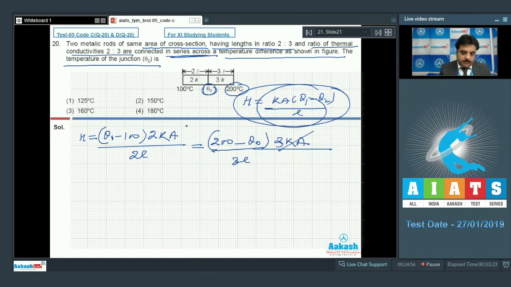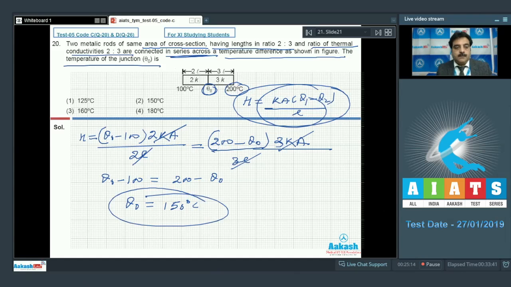You can cancel K, A, L and try to calculate theta naught. Theta naught minus 100 on the left hand side, 200 minus theta naught on the right hand side. When you calculate, you will get theta naught 150 degree centigrade. By this discussion, I can say my option number 2 will be the right choice, 150. Let's move on to question number 21.